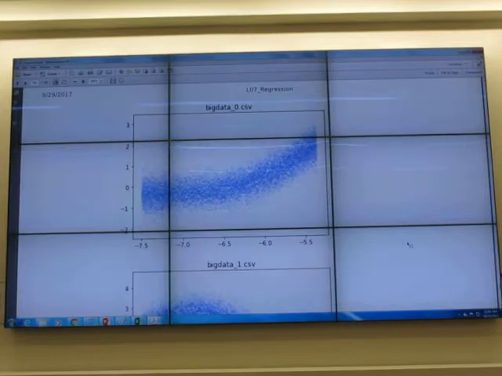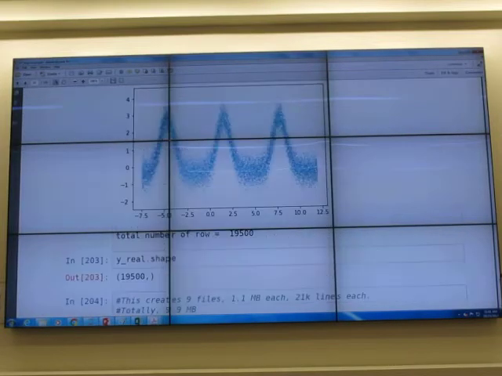Continuous updating. So I have data. This is the whole data, and it has noise. I split it into several parts.